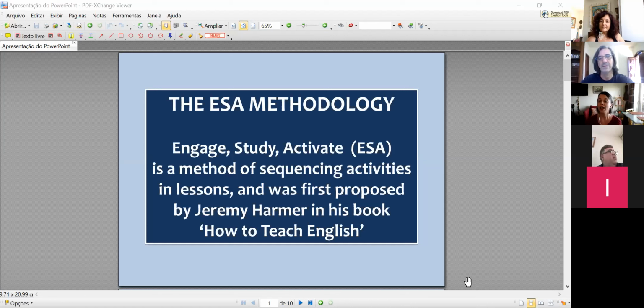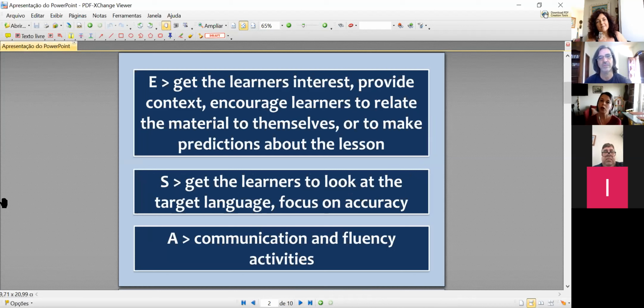And the activate is the part where they use the language. So this is the basic structure. This is a method of sequencing activities in lessons, and it was first proposed by Jeremy Harmer in his book, How to Teach English. Probably some of you know this one. It's very interesting. So just talking about each one a little bit further.